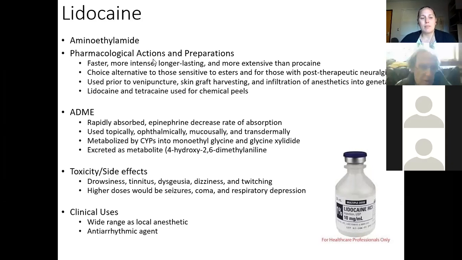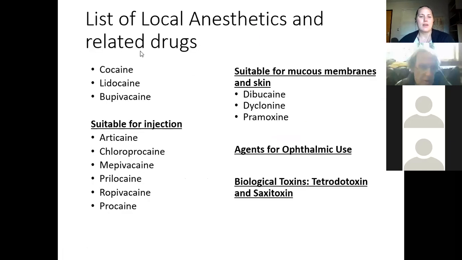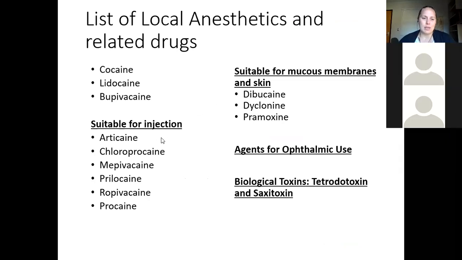Lidocaine and cocaine are suitable for mucosal absorption. The reason they're not categorized in those subcategories from the previous slide, let me go back, is that here we can see there are drugs categorized as being suitable for injection or suitable for membranes and skin.